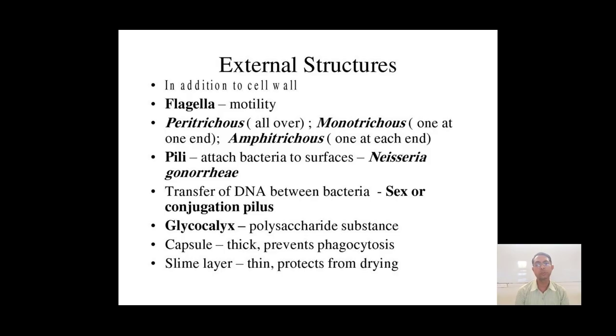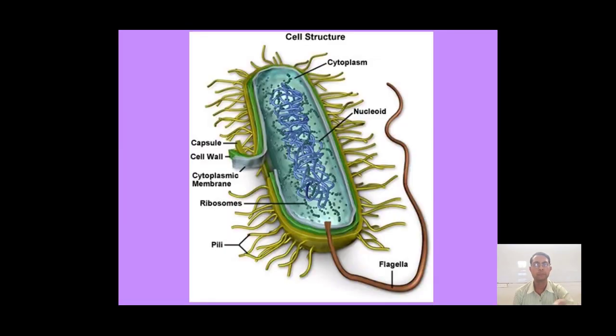Now there is also a presence of glycocalyx, which is a very thin layer present outside the bacterial cell. Along with that, in some bacteria, a capsule, which is a very thick protective structure, is also present, and in some bacteria the slime layer is also present.